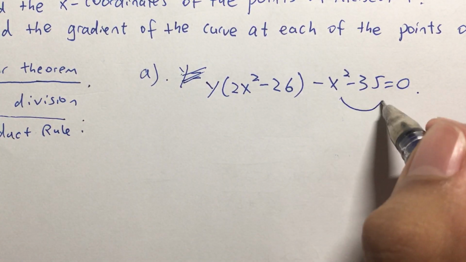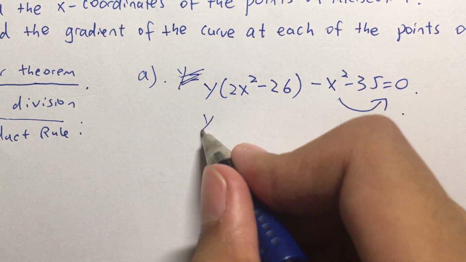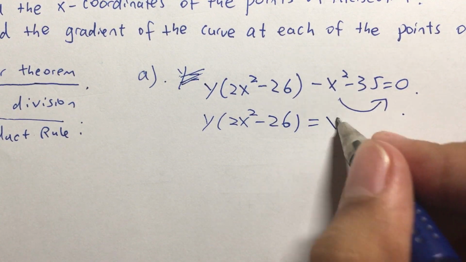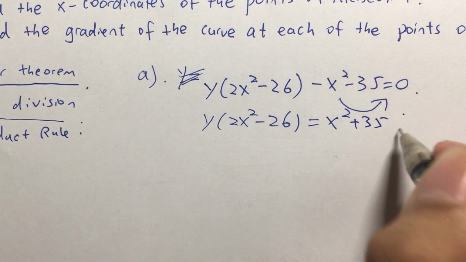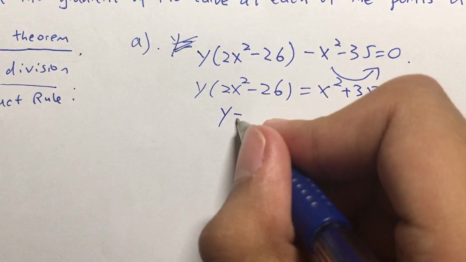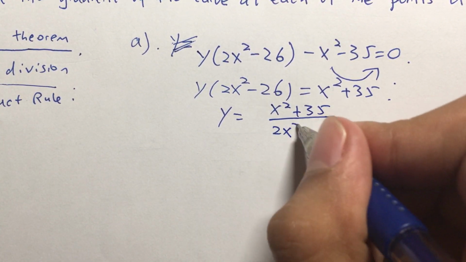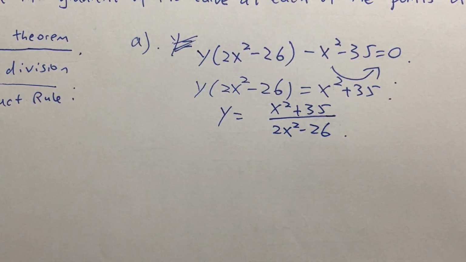And we can move this to the other side, which becomes y times 2x squared minus 26 equals x squared plus 35. And y is equal to x squared plus 35 over 2x squared minus 26.